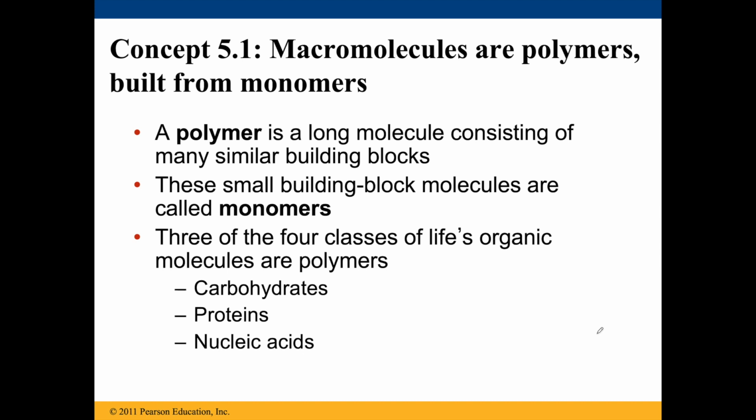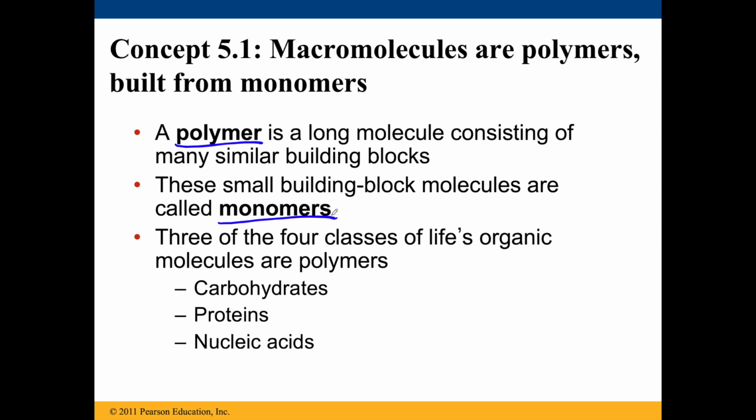Now you take those Lego pieces and you put them together to build something, like let's say a Lego castle. Alright, so with that analogy, the Lego pieces, the small similar building blocks, those would be equivalent to the monomers. That large structure you built out of these small similar building blocks, like the Lego castle, that would be equivalent to the polymer.